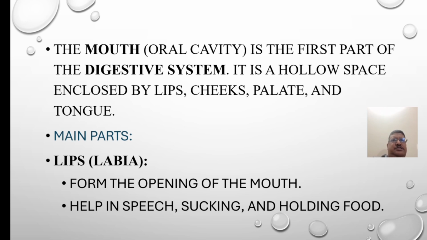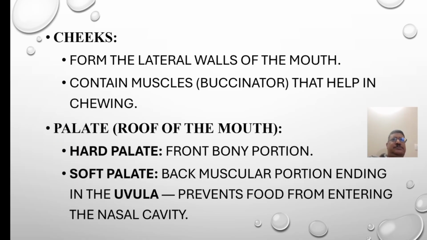Main parts: lips, labia, form the opening of the mouth and help in speech, sucking, and holding food. Cheeks form the lateral walls of the mouth and contain the buccinator muscle that helps in chewing. Palate, the roof of the mouth: the hard palate, the bony portion, and the soft palate, the back muscular portion ending in the uvula, which prevents food from entering the nasal cavity.